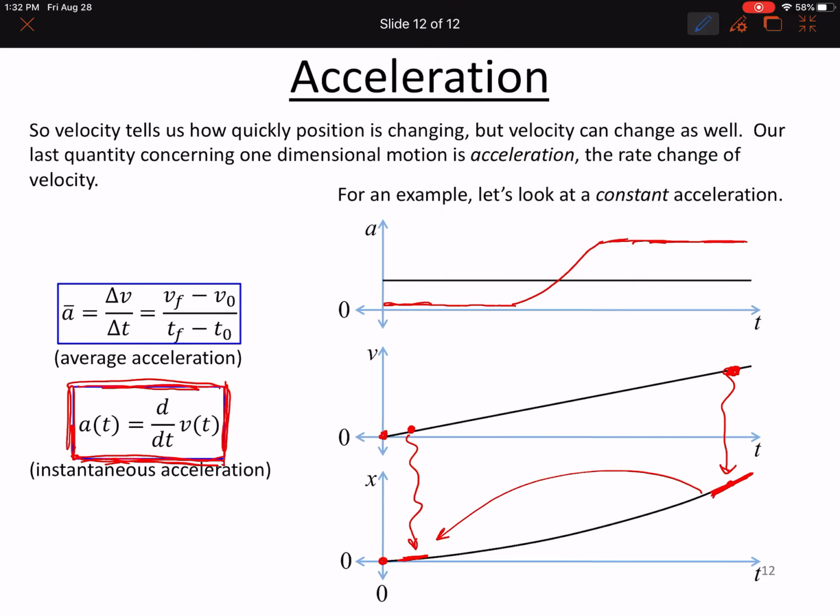If we were to use this red line on our a versus t graph, and we were to draw in a line that's roughly corresponding to it on our v versus t graph, well, remember that the slope of the v versus t graph is going to be equal to the acceleration at any particular moment. So if we're accelerating slowly, then we could imagine just creeping up linearly here for that period of time. And then it would markedly increase until maybe we get to this point.